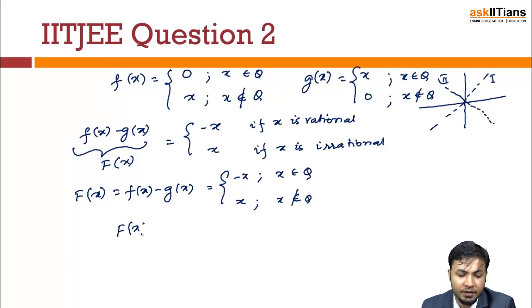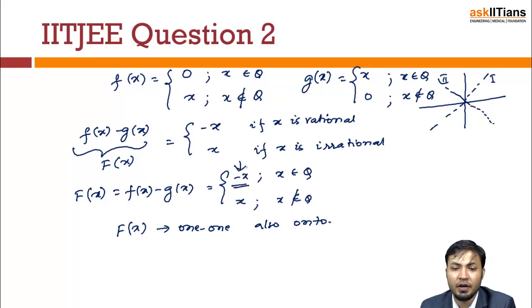That my F(x) is one-one. Also it is an onto function. Why? Because it takes minus x for x belonging to the rational region and x for x belonging to the irrational region. So this will give me the answer as option number 1. Okay, so that is question number 2.